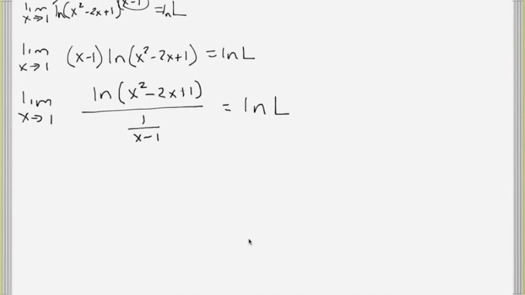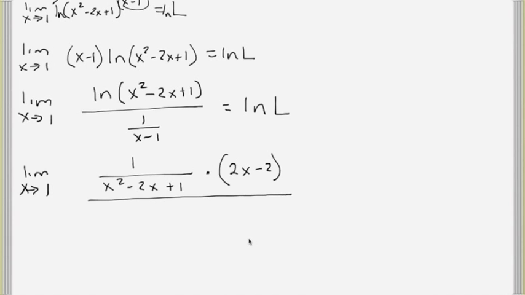So then now I can do L'Hopital's rule. The derivative of the top is an ln, so it's going to be 1 over all the stuff times the derivative of all the stuff. So we need a chain rule up there.